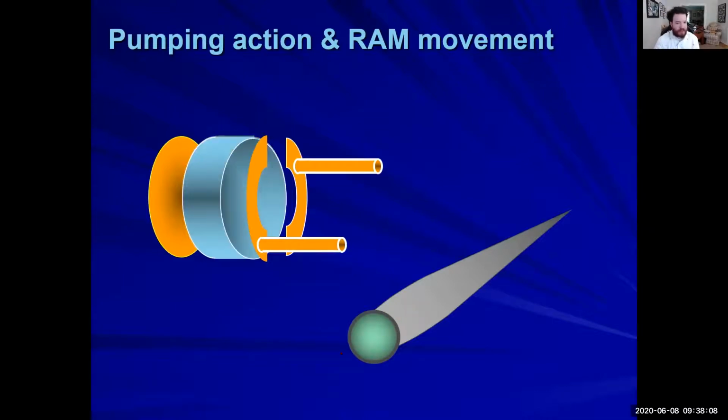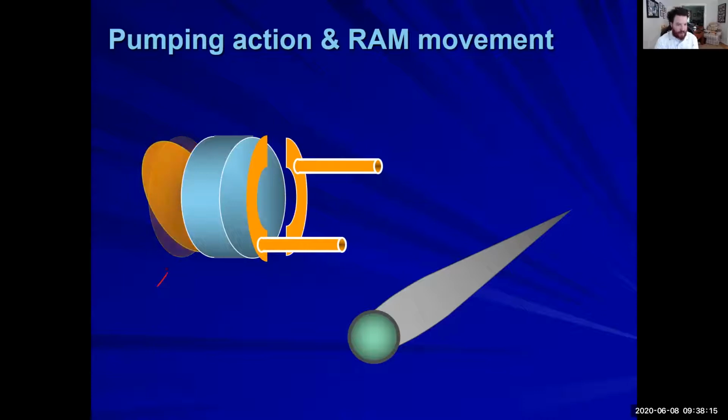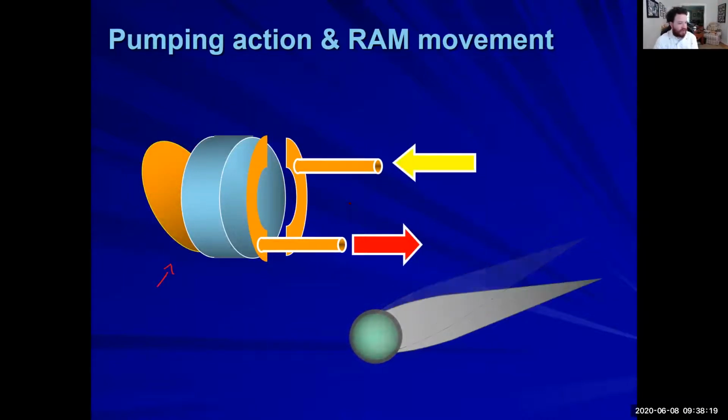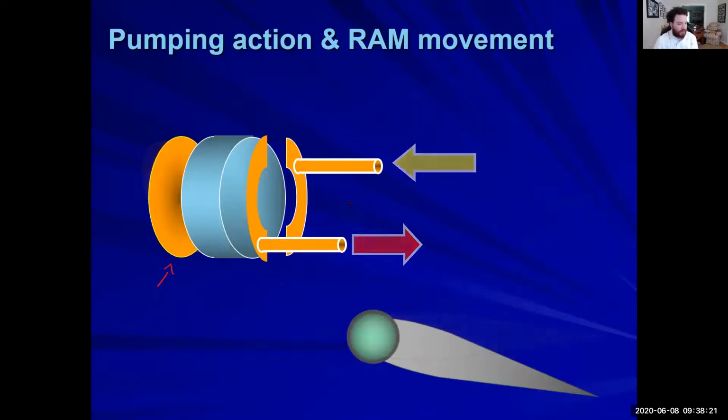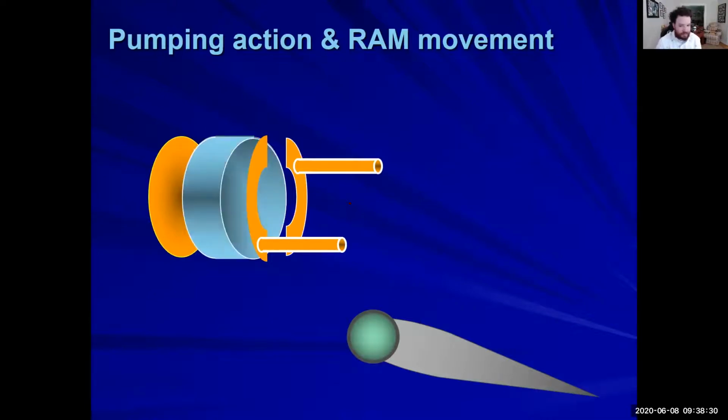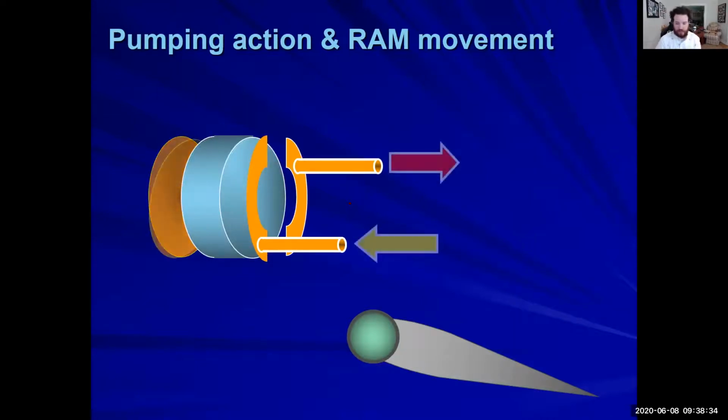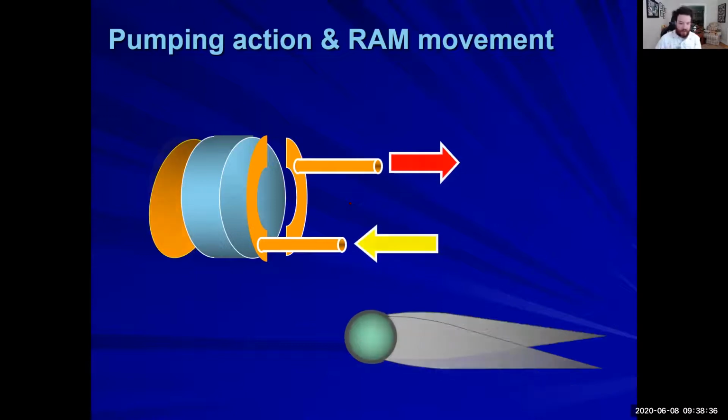And as soon as that tilt plate goes in the opposite direction, we now have the reverse of what we just had. The side that was suction is now discharging, and vice versa. And that's how we move our rams one way or the other. Let's come back to center.